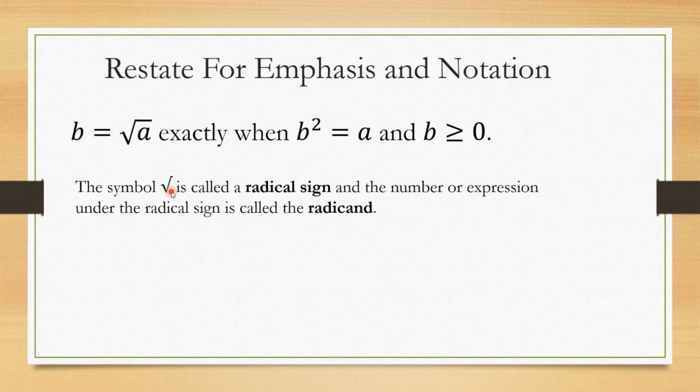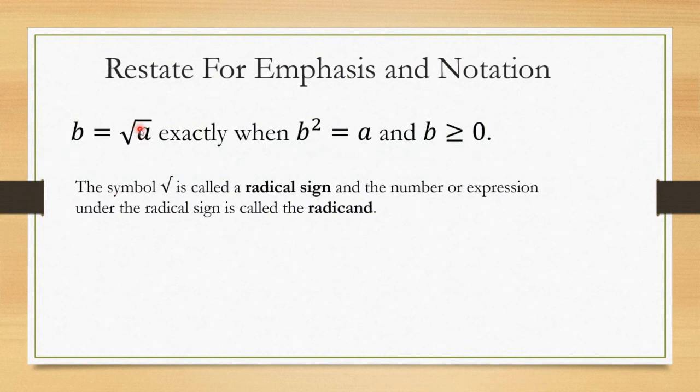In fact, this symbol here is what we call a radical sign, okay? And what's under the radical sign, like over here, for instance, we have a under the radical sign.